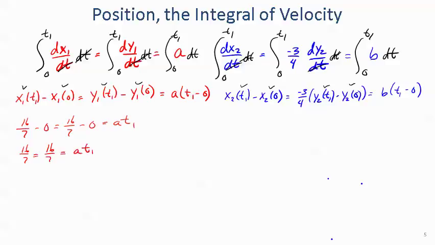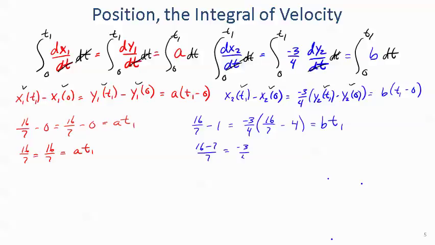Now for our friend, x2 at t1, again, that's the collision point. So you're going to get 16/7 minus the initial x at point D, which was 1. And then minus 3/4 times y2 at the collision point, which is again 16/7, minus the initial value of y, which was 4. And that's going to be b times t1. And we can go through and work this out. This is (16 minus 7)/7.